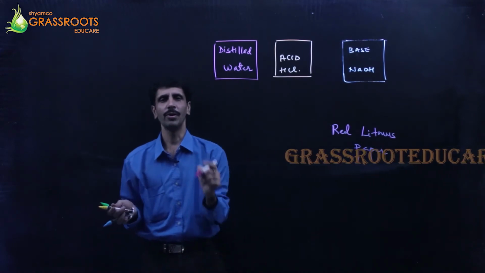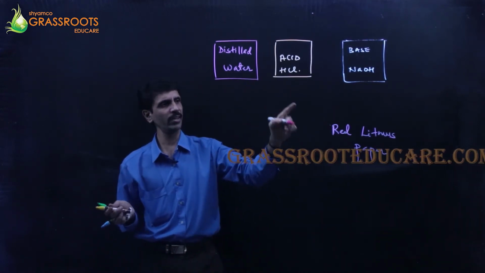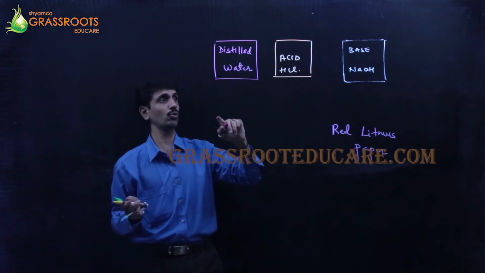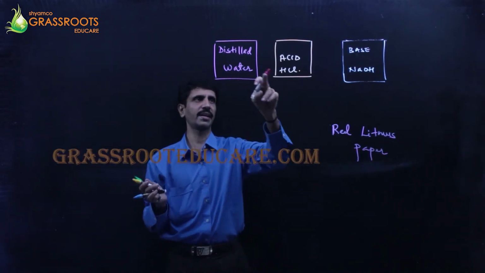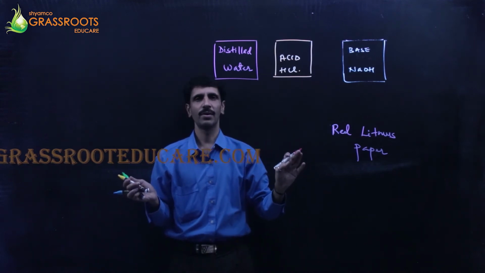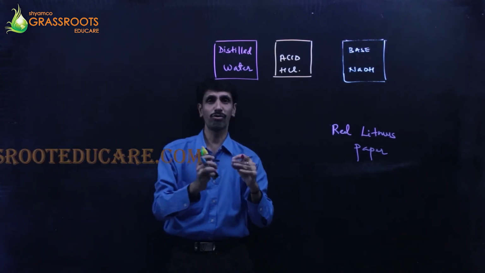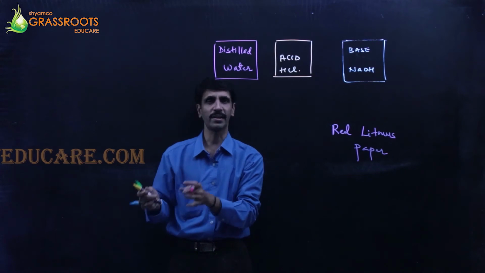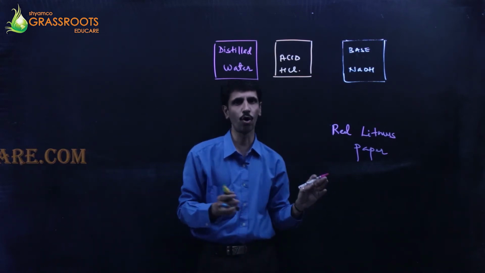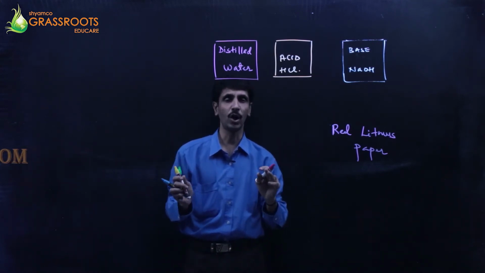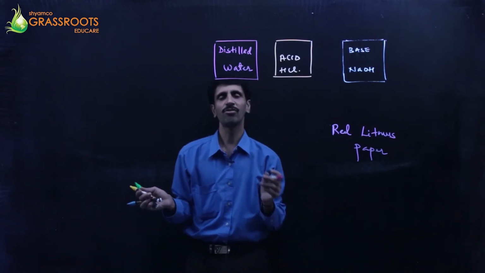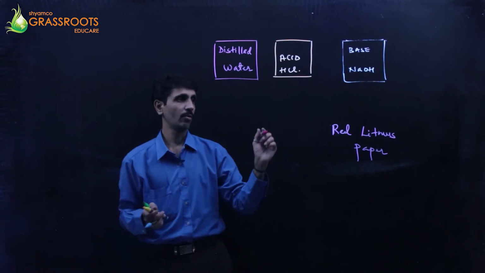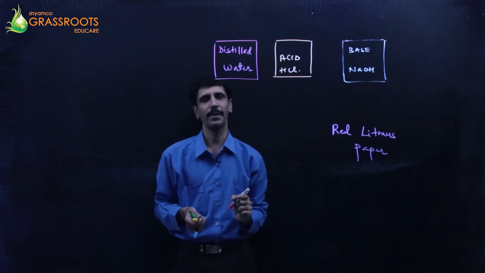Now, your activity is to identify, using the red litmus paper, which beaker contains what. I have told you that these contain water, acid and base, but we are not going to say exactly which one contains what. So what has to be done is, we have only a red litmus paper with us.